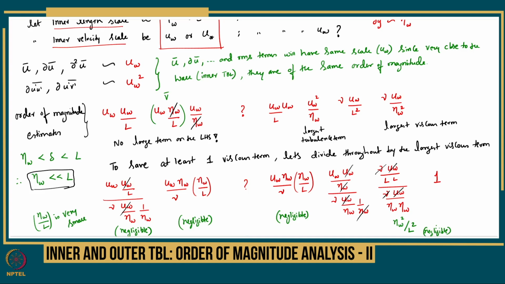So it's very clear, if the pressure term is not participating, or at least we are saying it is not of first order importance, inside the inner turbulent boundary layer, which term is balancing? There is only one term here. Let's see what it looks like. So this particular term is UW eta w by nu.